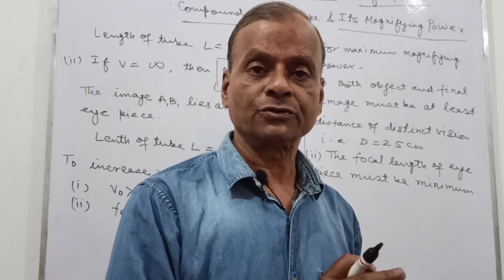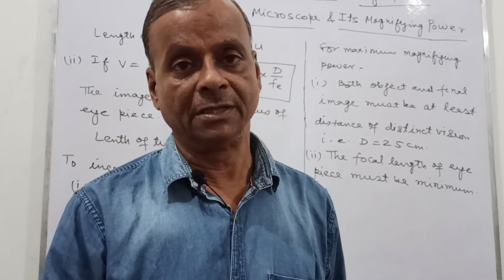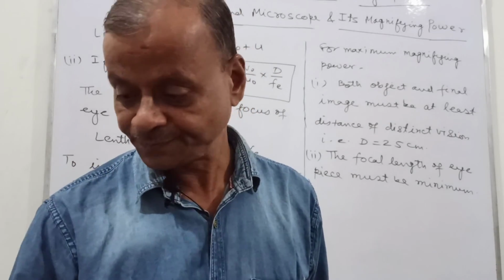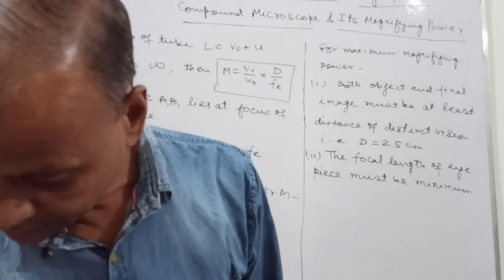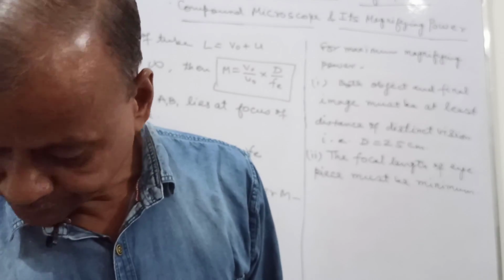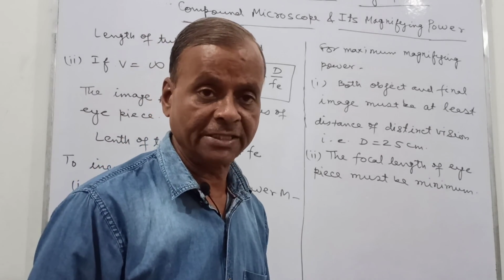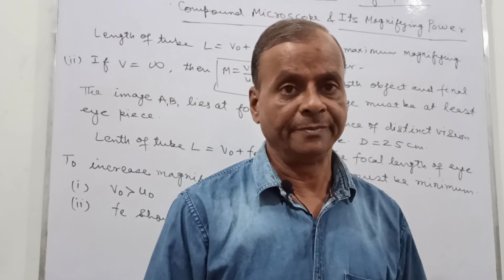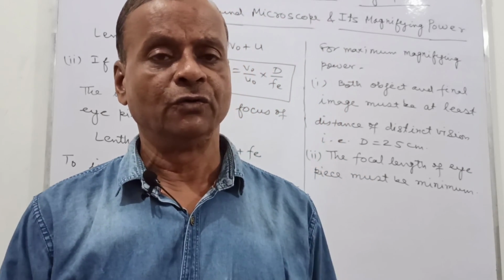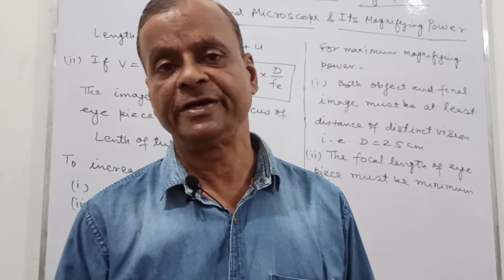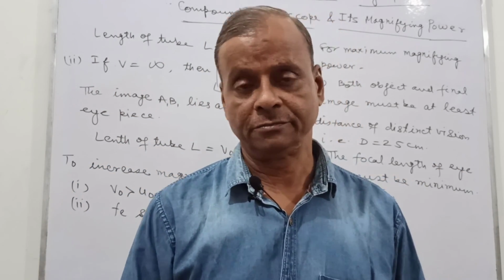In a compound microscope, we have a number of convex lenses. I have told you this because the question is asked how to attain the maximum magnifying power, or what should be done for maximum magnifying power. So this is the answer to the question.